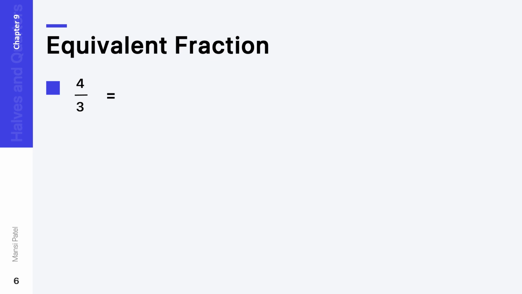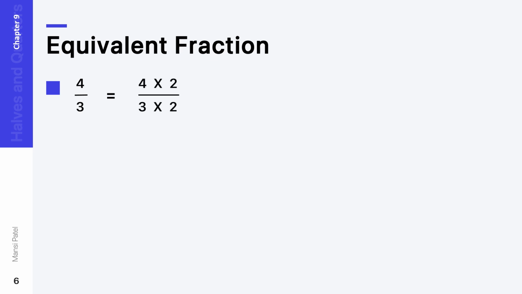So your number is 4 upon 3. First you have to do multiplication, but one condition is that you have to multiply by the same number. Same number means if you multiply by 2 in the numerator, then you have to do the same in the denominator.